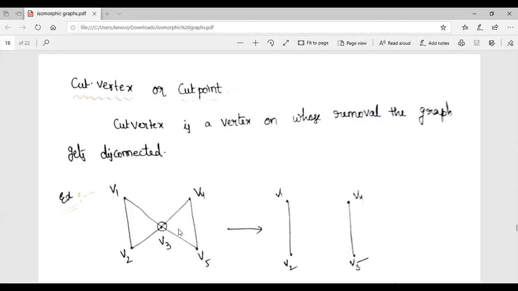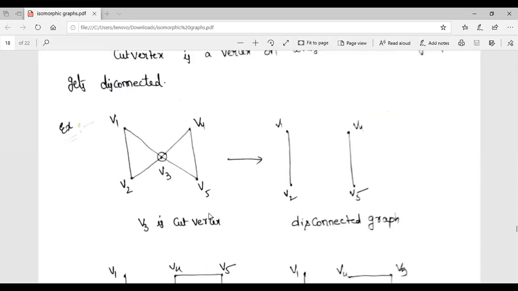If we remove this vertex, the incident edges of this vertex are removed, so this connected graph becomes disconnected. So here V3 is cut vertex.